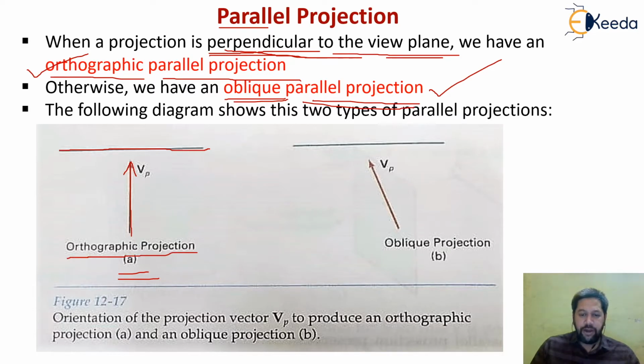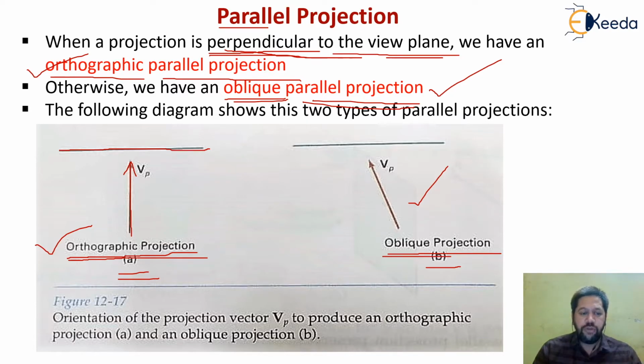Whereas here, it is not perpendicular, it is at some different angle, so it is called oblique projection. So when the projection is perpendicular to the view plane, I call it orthographic projection, and when it is not perpendicular, it comes under the oblique projection method.